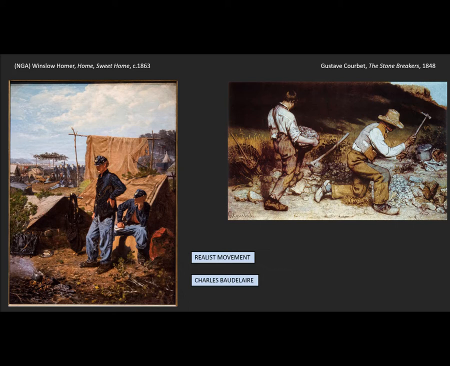Right? They love this. But when we look at Homer, even though he's every bit as engaged with everyday activities and often in the countryside, usually in the countryside, we don't get that same interest in singling out some social injustice that has to be corrected. Right? We don't get the same sense of a socio-political undercurrent to his works.